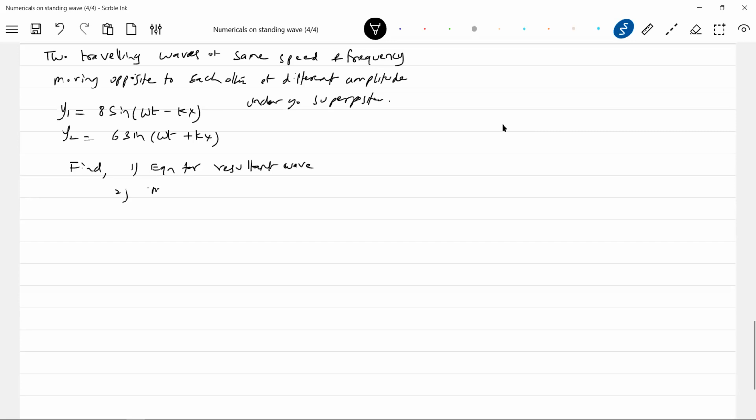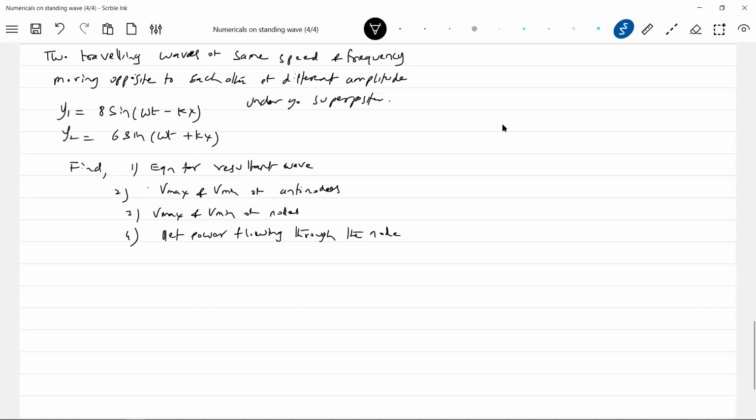Next, the maximum and minimum speed of antinodes, the maximum and minimum speed of nodes, the net power flowing through a node, or energy flowing per second through a node. Then the energy in one loop.